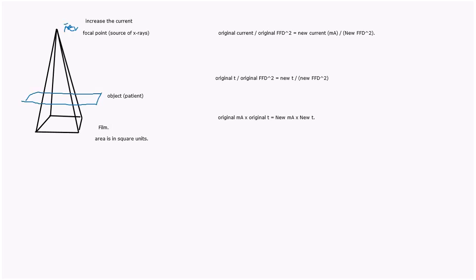If we want to keep the current the same, we can change the time. Your textbook kind of rearranges this though, and they write this. Of course, if we look at the equation, we can divide both sides by new time, and we can divide both equations by original time. So this equation is actually just a variation of the previous equation.